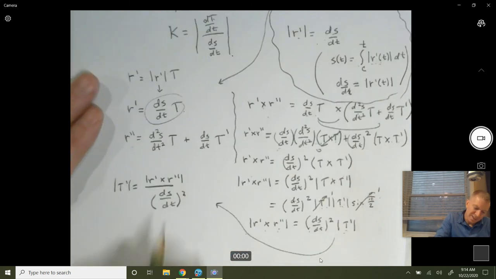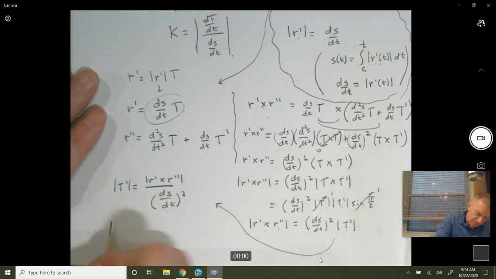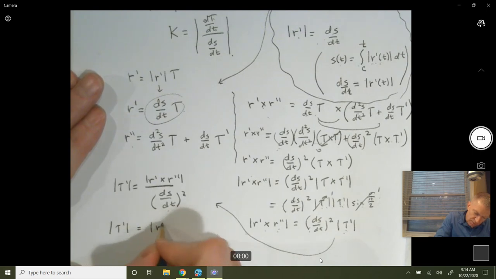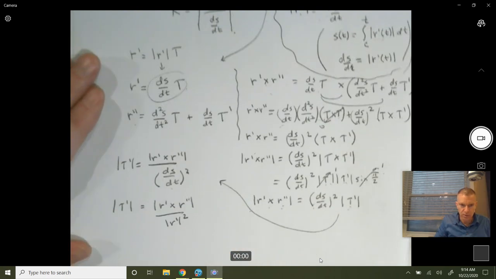Remember what ds/dt is. ds/dt is the magnitude of r prime. So the magnitude of t prime equals the magnitude of r prime cross r double prime over the magnitude of r prime squared. All right, we're almost there.